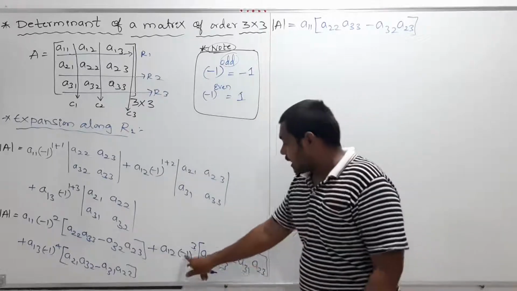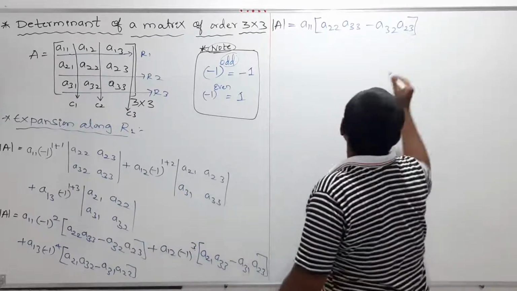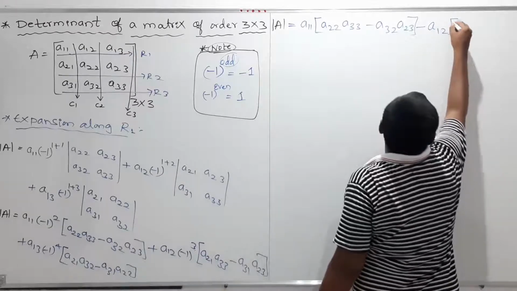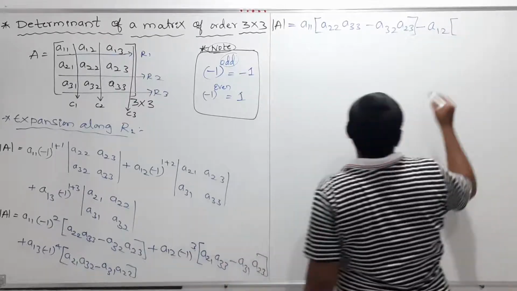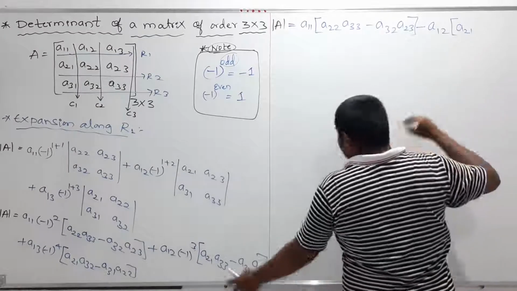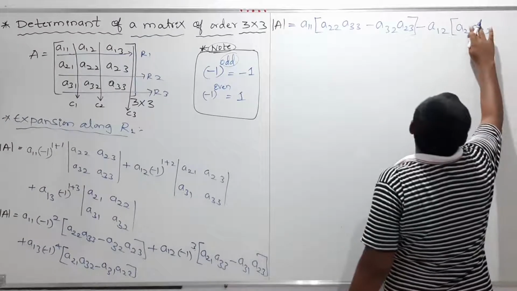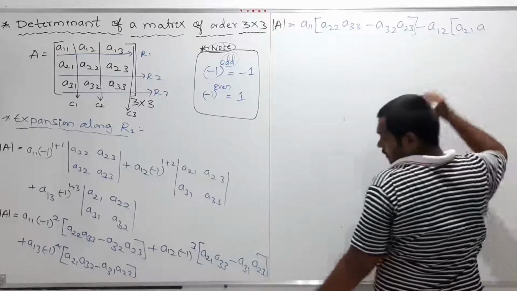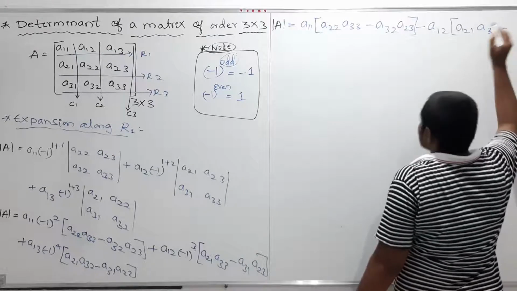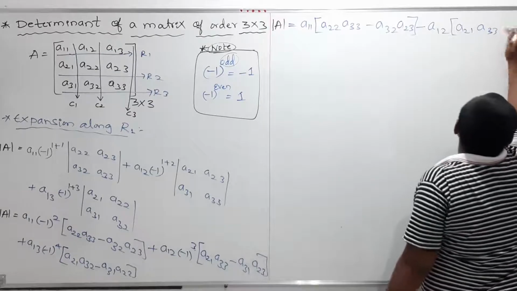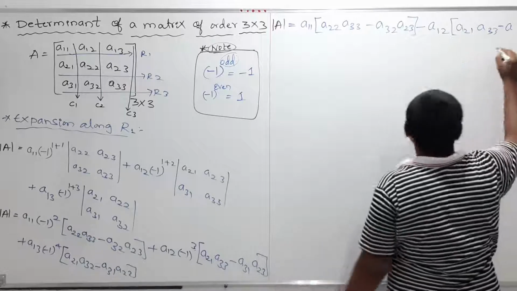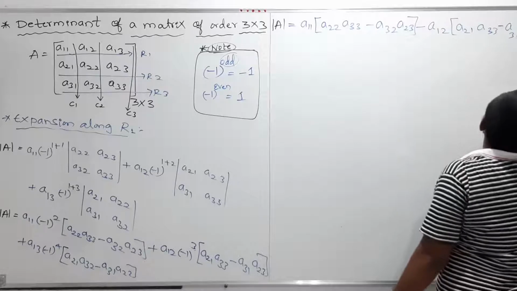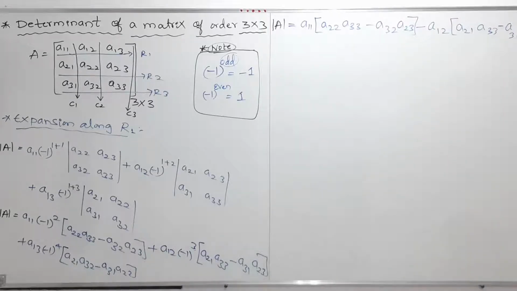So therefore minus into plus, that will become minus, and the remaining element is A12 into A21, A33 minus A31, A23. Clear? Whether it is visible, please observe.